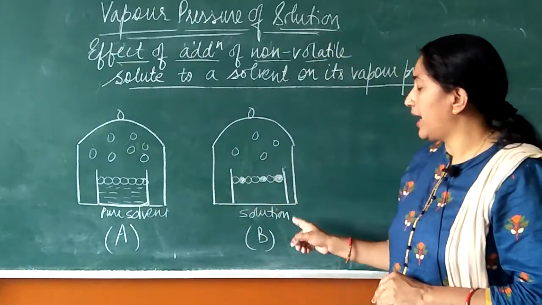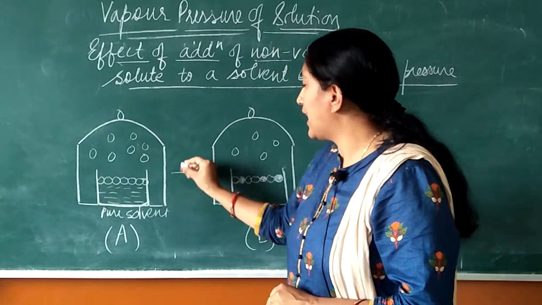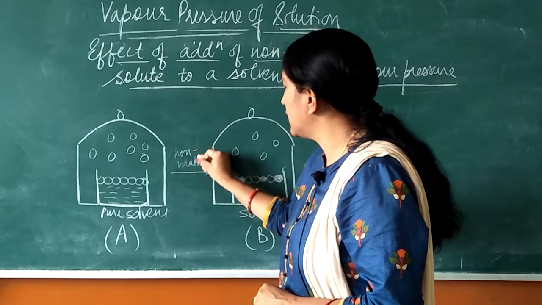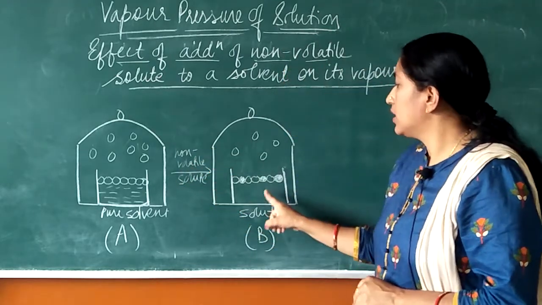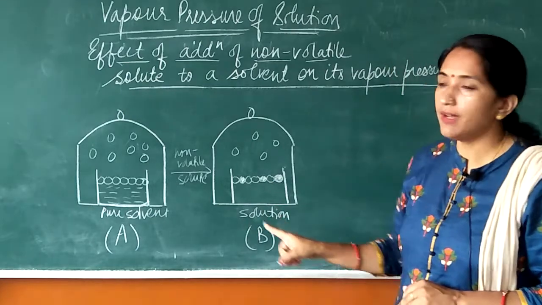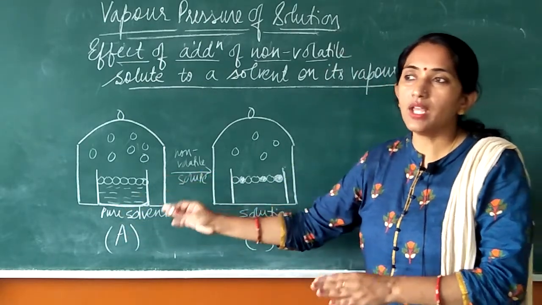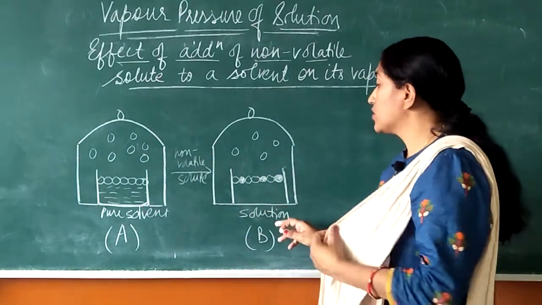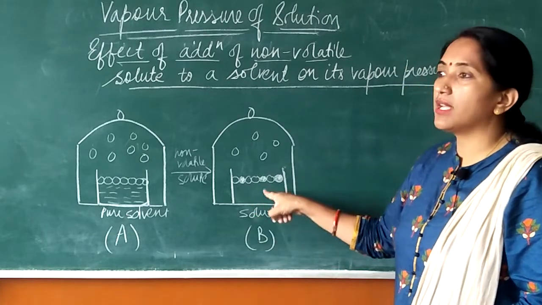Now when we add a non-volatile solute, the solution is formed. Before that it was a pure liquid solvent. Now that a solute is added, it changes into a solution, so we have solute plus solvent.